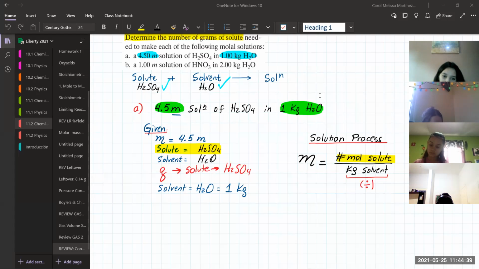It means that they are performing a division. So they are dividing, but when you move it to the other side of the equation, they will be doing a multiplication. So in the end, the isolation for number of moles of solute will be molal concentration times kilograms of solvent is equal to the number of moles of solute.